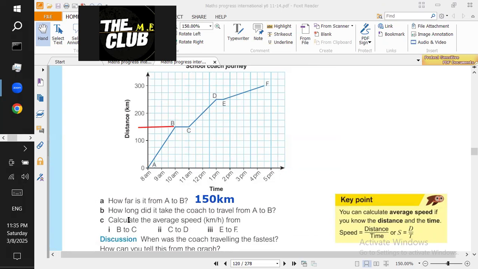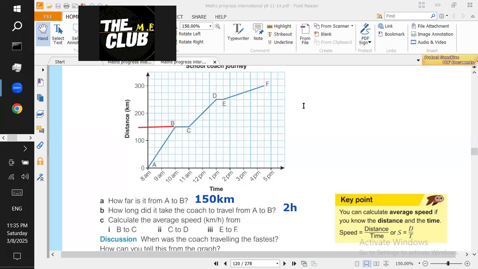How long did it take the coach to travel from A to B? How long means the time. From 8 till 10, so it's 2 hours. Then calculate the average speed in kilometers per hour.